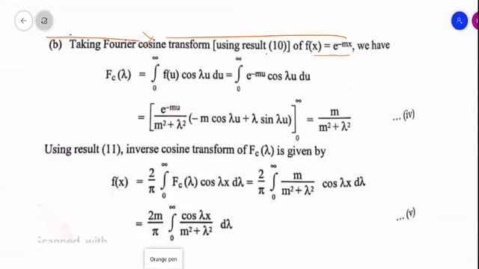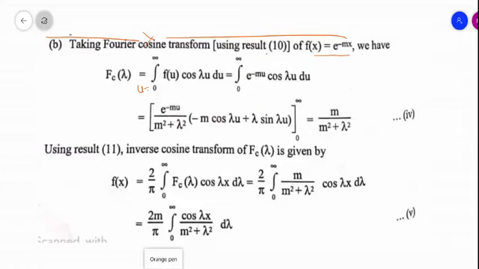By the definition of Fourier cosine transform, fc of lambda is given by integration, the limits of u going from 0 to infinity, f of u cos lambda u du. Substitute the value of f of u, we get this way.